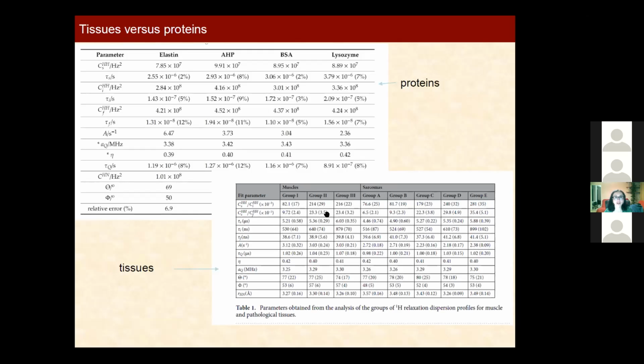The fact that the data look different is because of the different dipolar relaxation constants and different proportions between them. Because actually, you had for proteins a very steep curve, and you have a flat curve for tissues, even though the correlation times are the same.